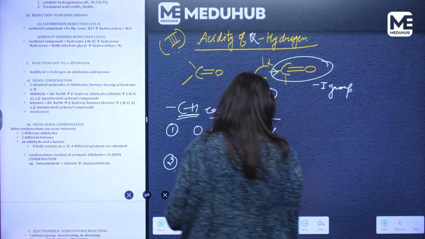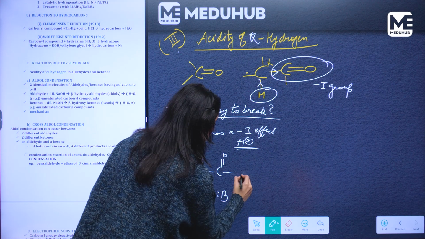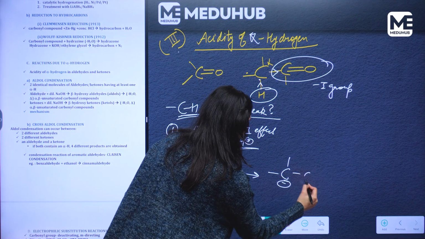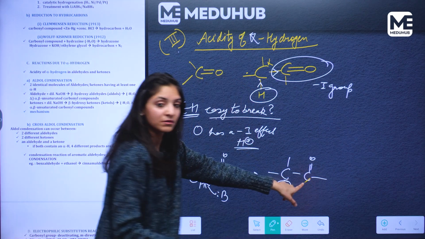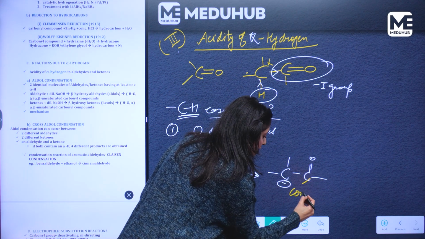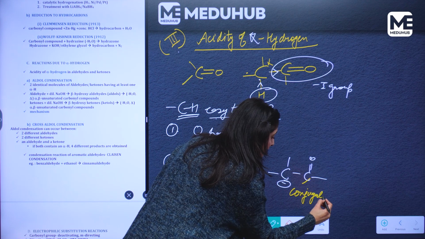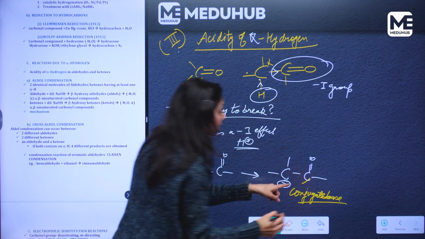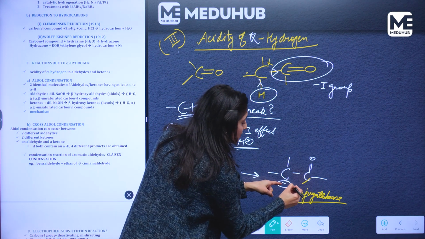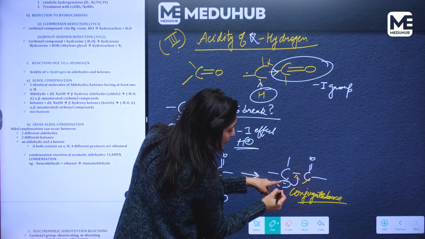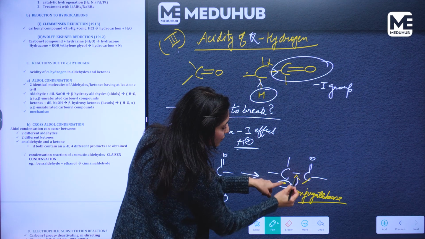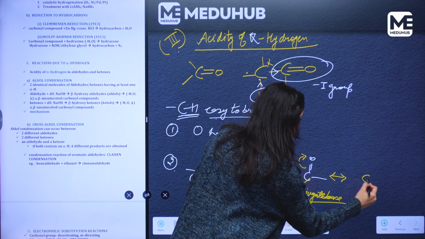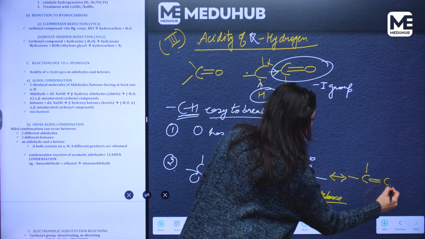Hydrogen will leave as proton and we will get a conjugate base here. This is the conjugate base of this acid, which is an anion, a carbanion. This carbanion is resonance stabilized because this negative charge or this pair of electrons can move here and this one moves here. So we can draw another resonating structure for it, which goes like this.